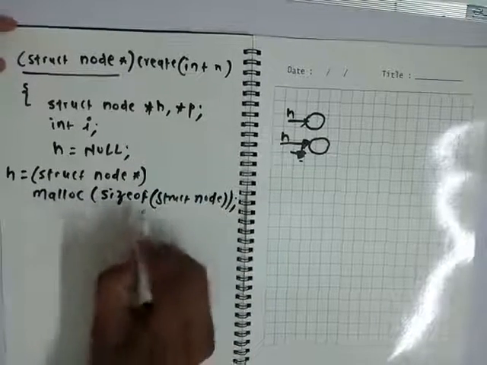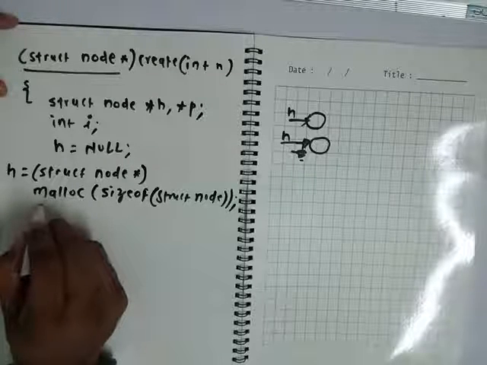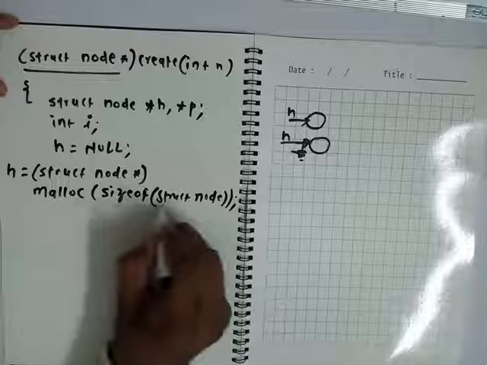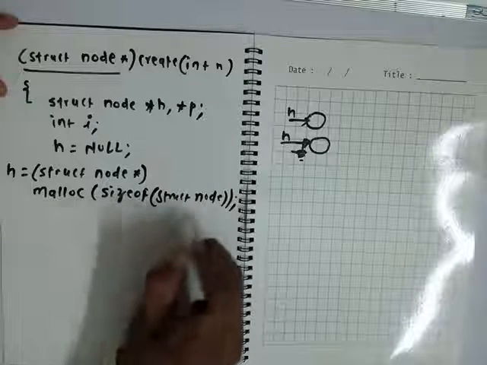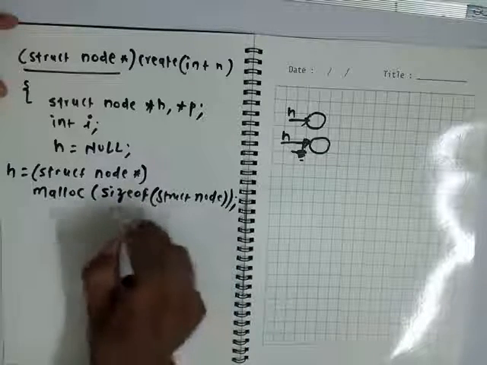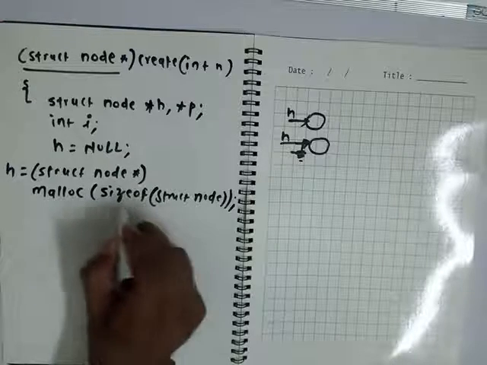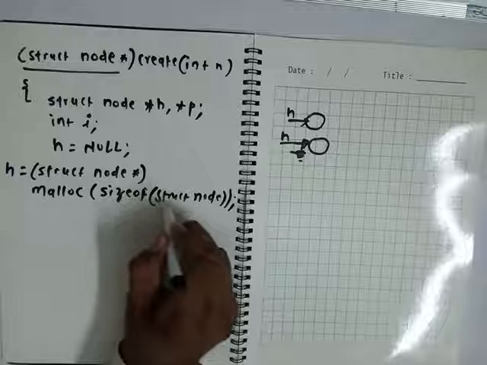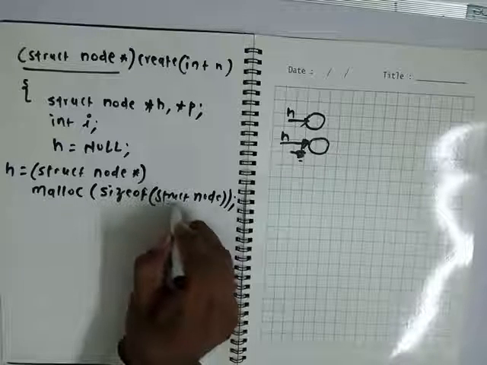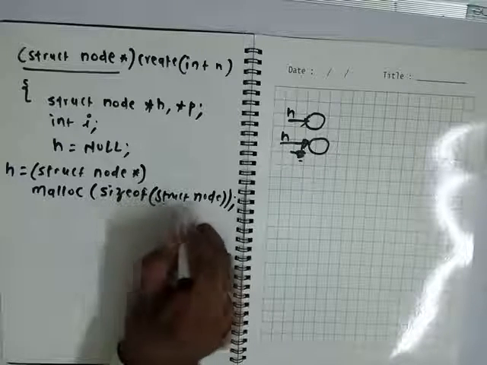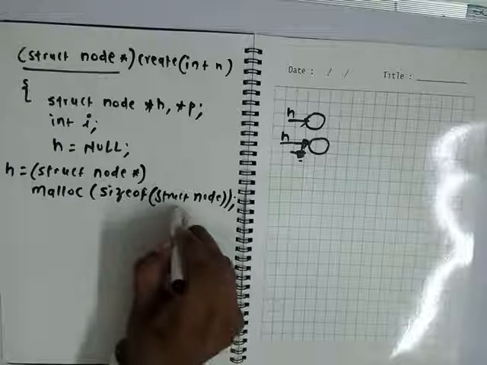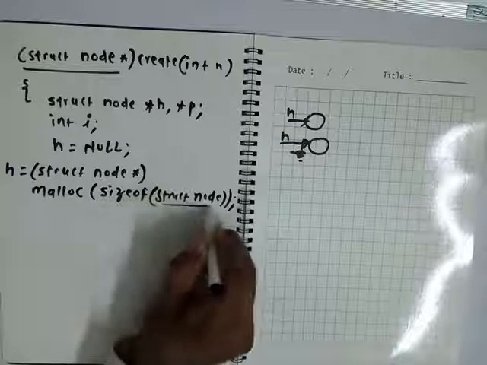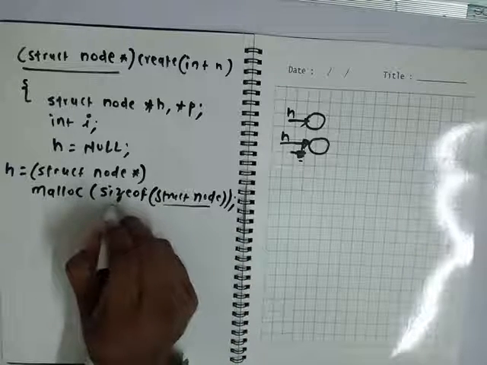So what I'm doing here basically is asking for memory of the size of this structure node. This statement executes from the right hand side. The sizeof keyword computes the size of whatever parameter we have passed in the bracket. So sizeof will compute the size of the structure node in terms of bytes, how many bytes that structure node requires.